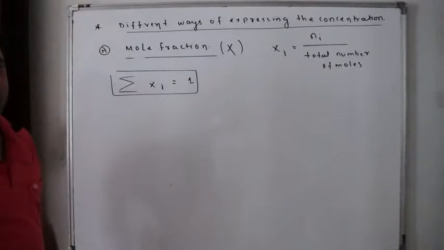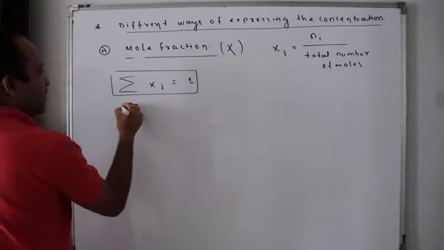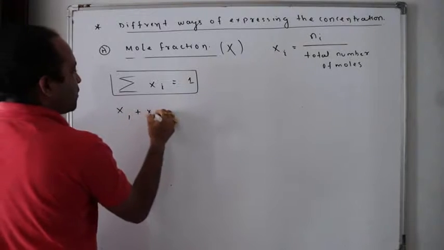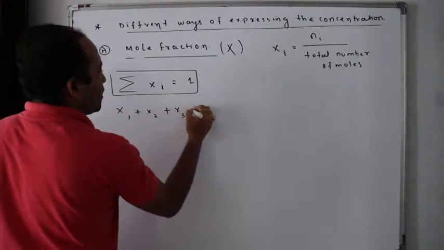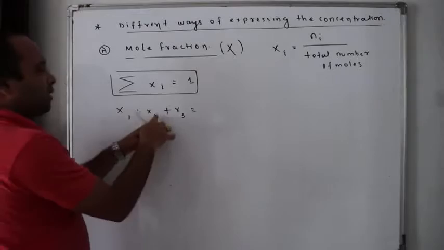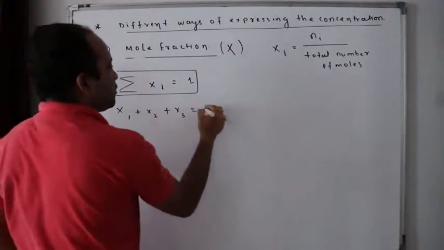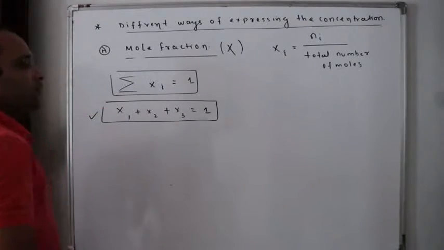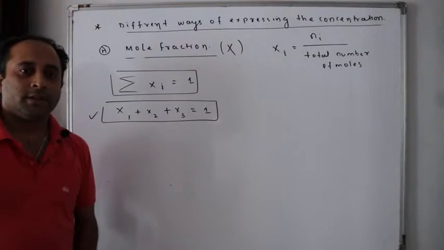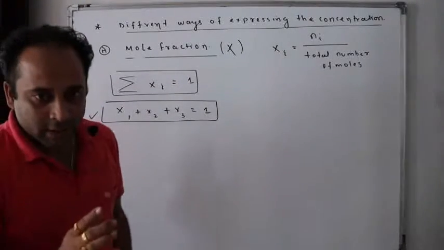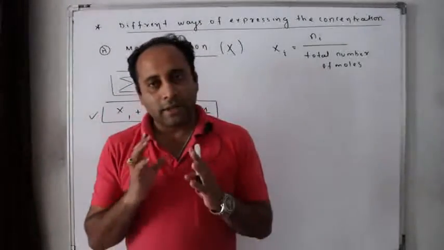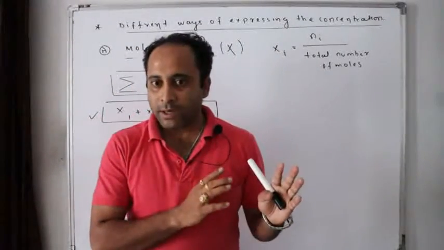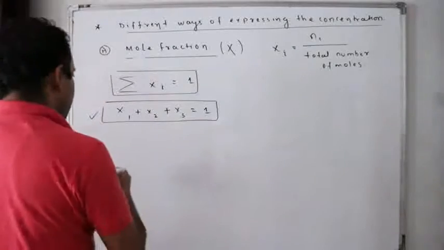That means in this case, mole fraction of 1 plus mole fraction of 2 plus mole fraction of 3, that is, mole fraction of water, mole fraction of ethanol, mole fraction of methanol is equal to 1. Always remember this fundamental. We'll be using this for calculations. Okay? I want to say that if we multiply it with 100, remember we will get what? Mole percent.